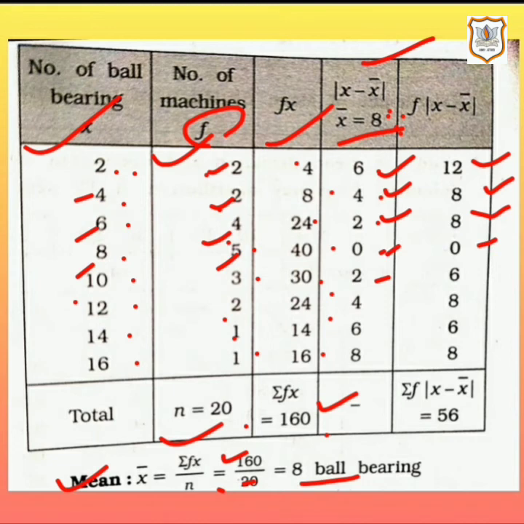So here we get sigma f absolute x minus x bar, that is 56. Totaling this column, we get 56. So sigma f absolute x minus x bar is 56, n is 20. Now let's put the values in the formula and solve the sum.